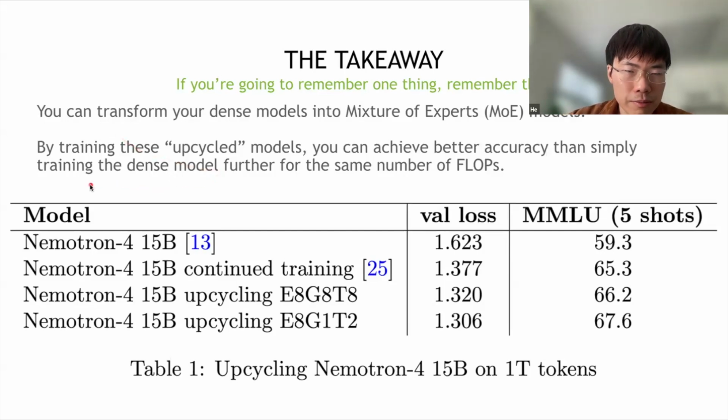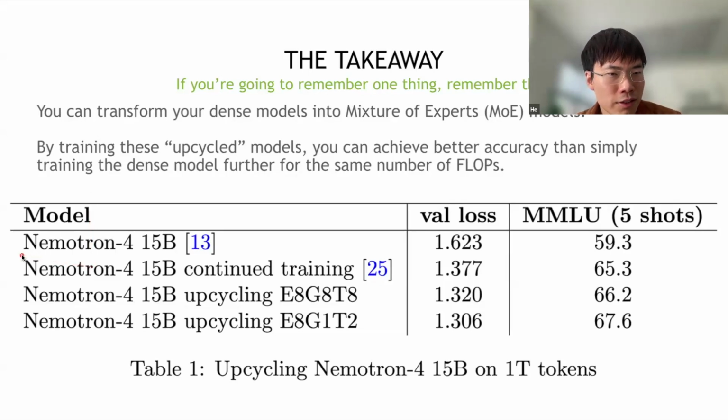Concretely, you could take something like Llama 8B and convert it to an 8 by 8B by copying all the weights and making it a mixture of experts. Is that kind of the intuition? Exactly. Instead of Llama 8B, we're doing it on our own model, Nemotron 415B.